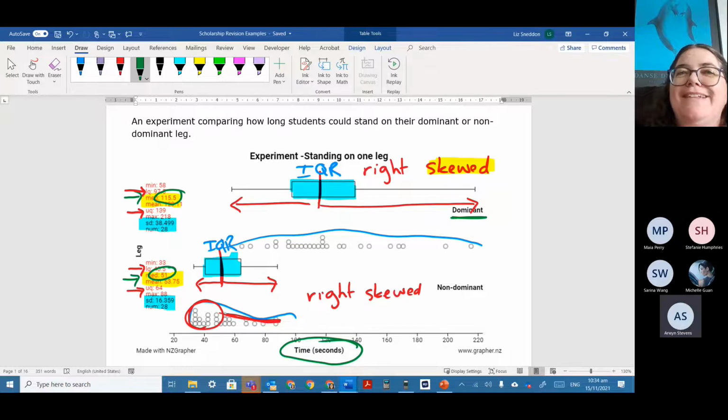It'd be less balanced on the carpet, so time would be less. Good. That's what we want to be able to say as we identify we need to control the surface, because standing on carpet would mean the time would be more or less. So we've been quite specific about that connection between them.